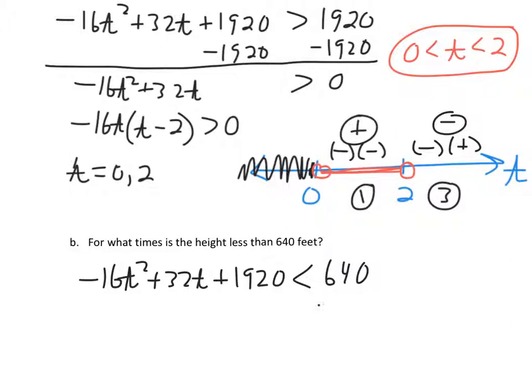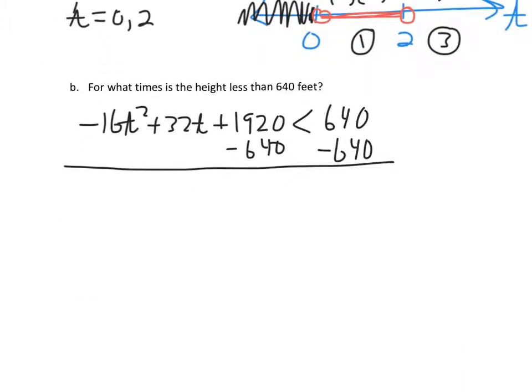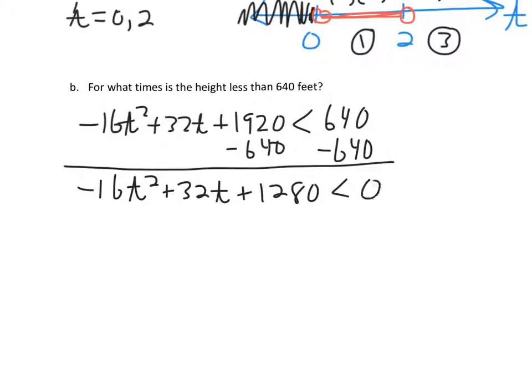So we need a 0 on the right side, so we'll subtract 640 from both sides, and that comes out to be 1280. So we have negative 16t squared plus 32t plus 1280 is less than 0.